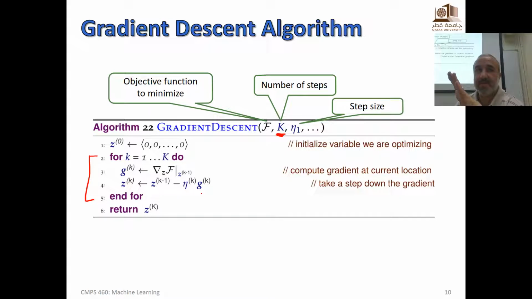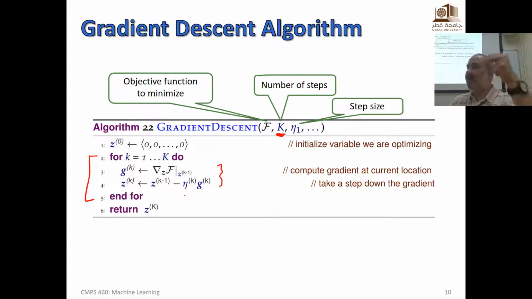Any question about this? Now, if we have more than one parameter, what will happen? We repeat these two steps for every parameter, and if we have 3 parameters, then we have these 2 steps for every parameter.